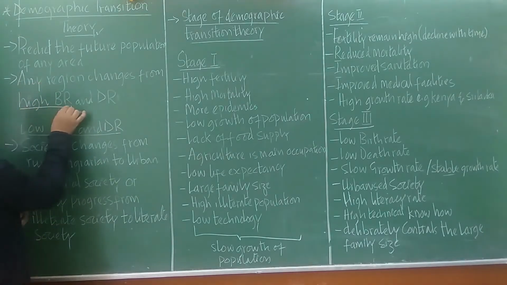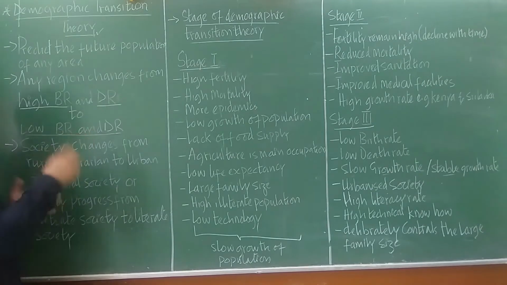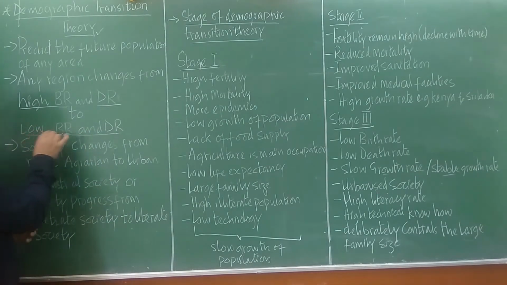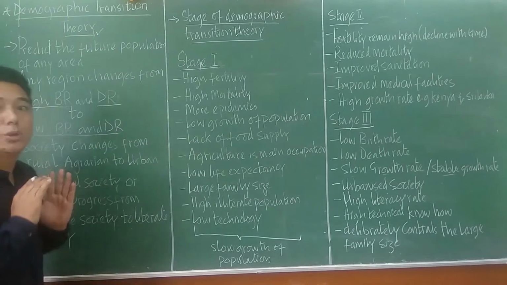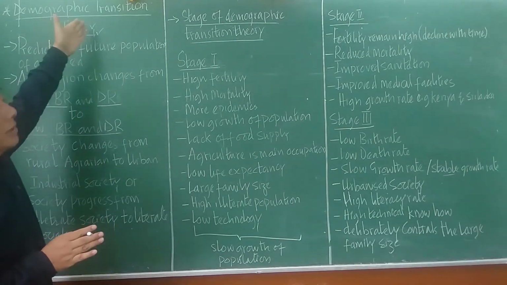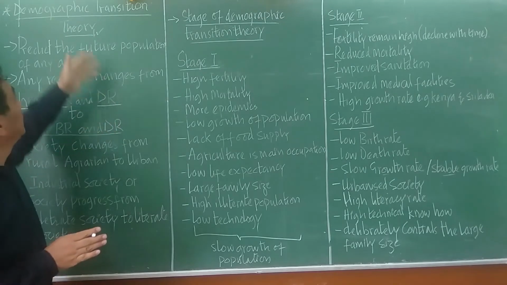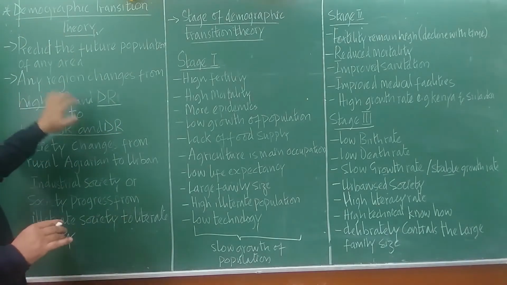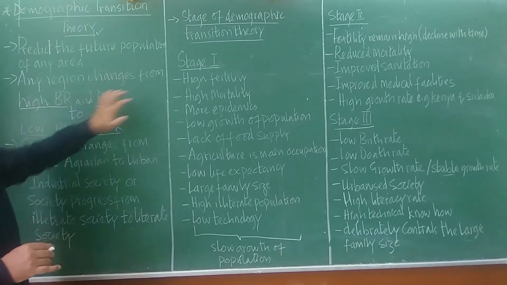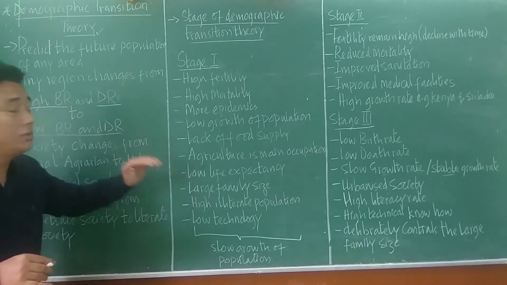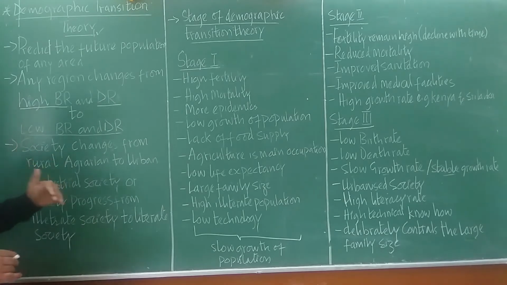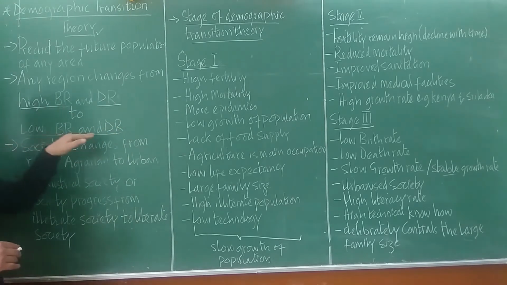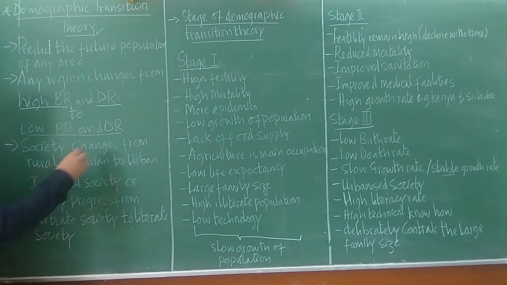Demographic transition theory tells you how a society or any region changes from high birth rate areas to low birth rate areas, from high birth rate and high death rate to low birth rate and low death rate.